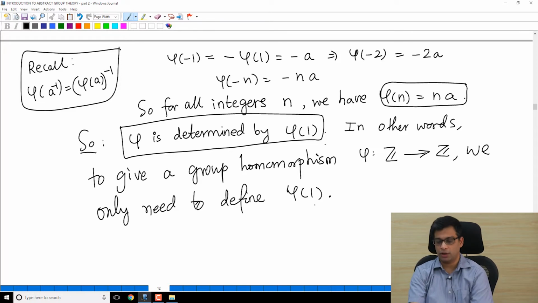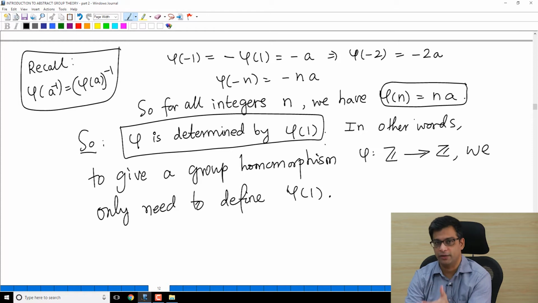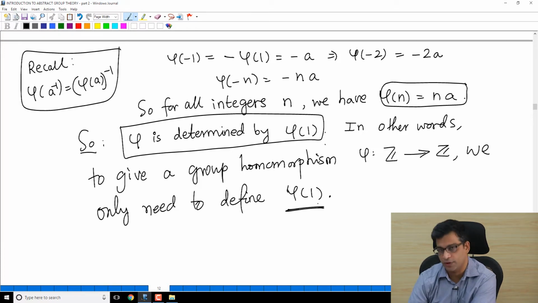Because if I define what the image of 1 is, a homomorphism will have to be fixed once you determine what phi of 1 is, because once you define phi of 1, phi of n is automatically defined. This is the power of a group homomorphism. Once you define what phi of 1 is, all the other infinitely many integer images are determined.